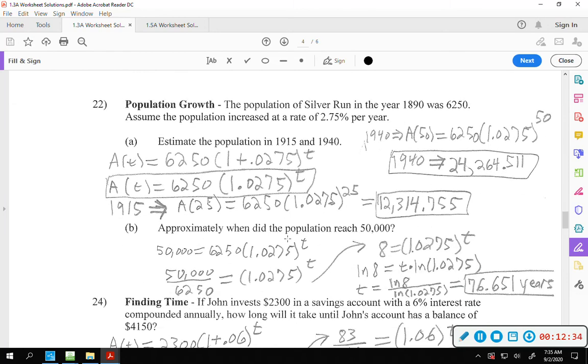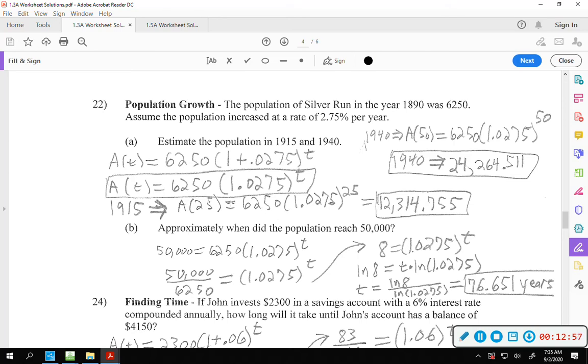22. Getting into some word problems. Population growth. The population of Silver Run in the year 1890 was 6,250. Assume the population increased at a rate of 2.75% each year. First thing we have to know is this percent is the decimal value 0.0275. There it is.